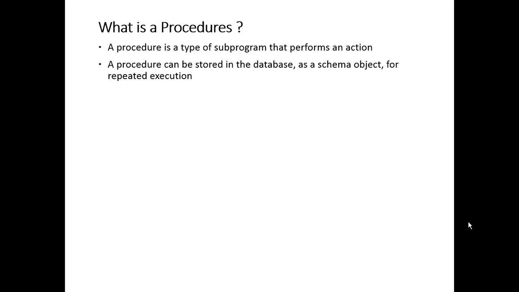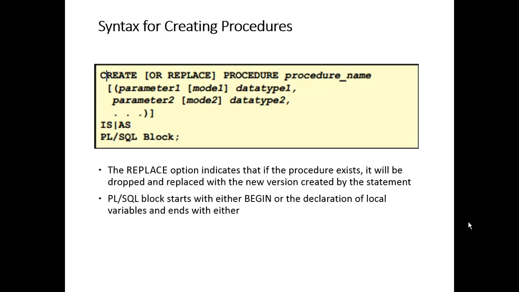What is a procedure? A procedure is a type of subprogram that performs an action. A procedure can be stored in a database as a schema object for repeated execution. Syntax for creating a procedure, and this is the syntax. You can retype it in your workspace, in the console or Oracle workspace.